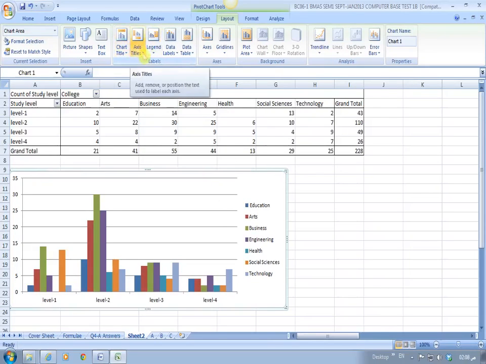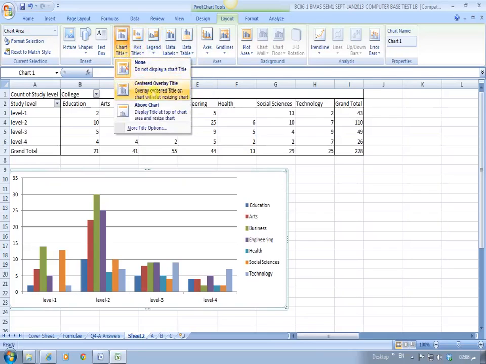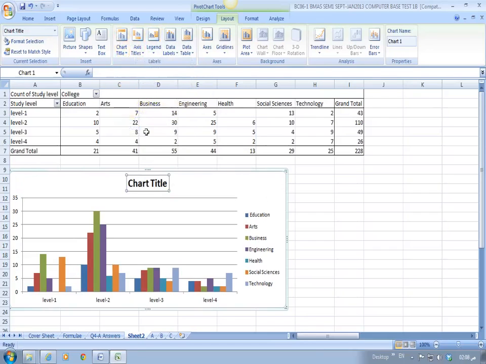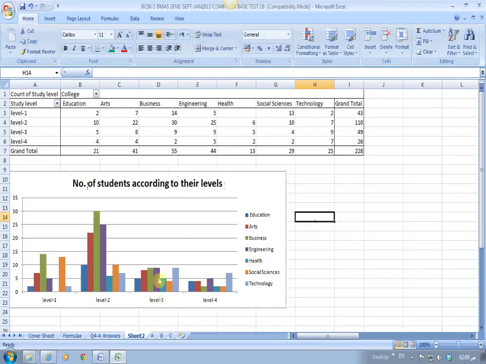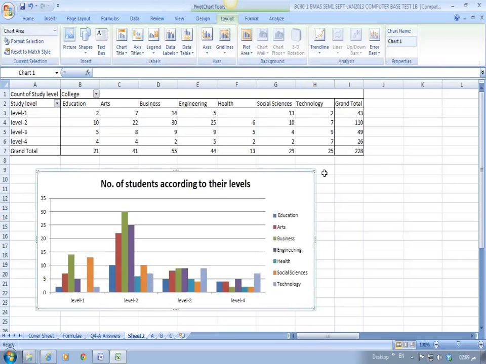So you click here, and then you click the title of the graph: student according to their levels. Okay, and here is the graph, and now here we calculated the graph.